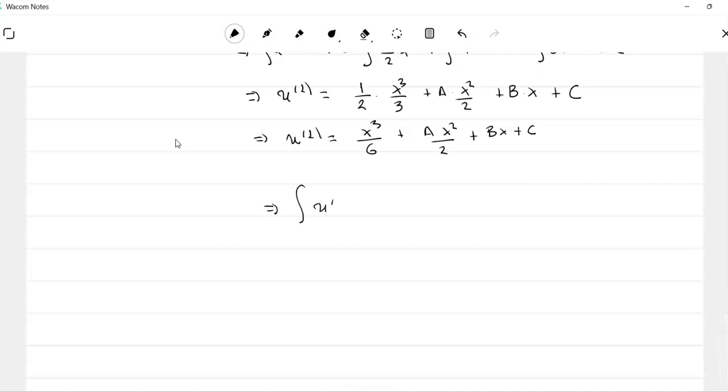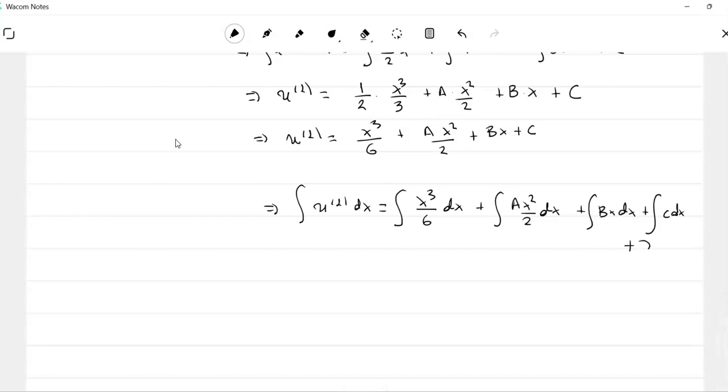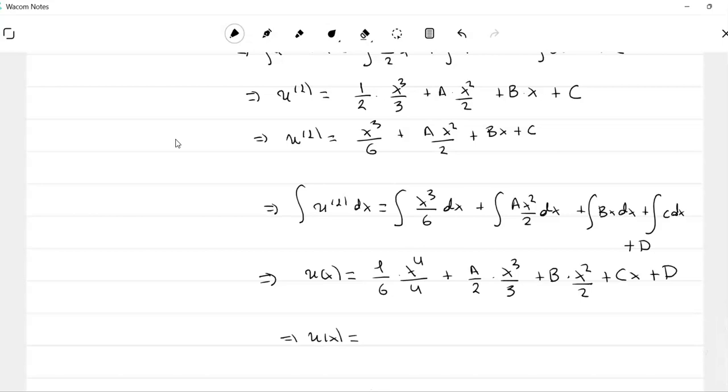Now I integrate. From here I have that u of x is 1 over 6 times x to the power of 4 over 4 plus a over 2 times x to the power of 3 over 3 plus b times x squared over 2 plus c times x plus d.